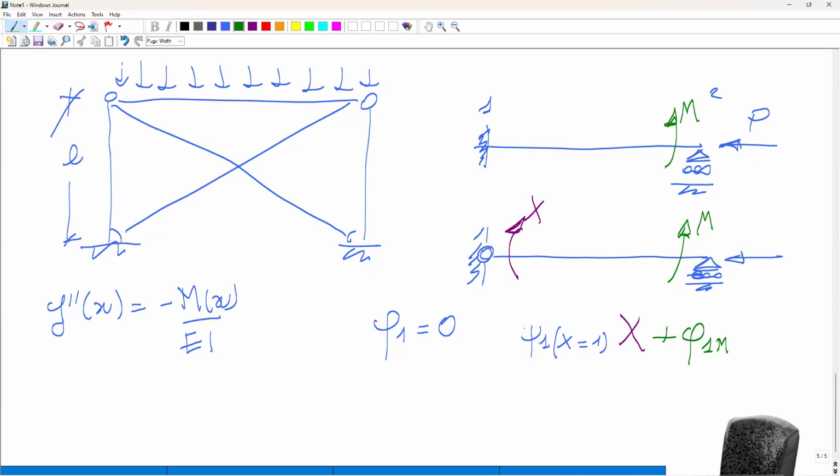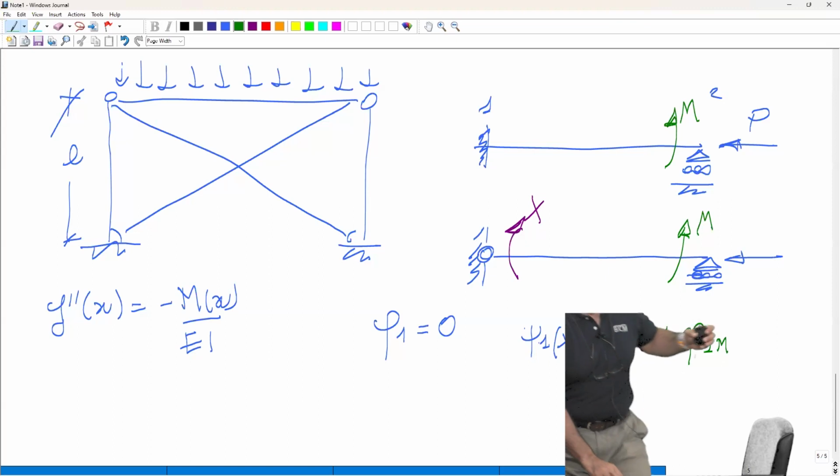And the part due to the unknown moment x, I don't know how much x is. So I can say that the rotation is x times the rotation that I would have there if that moment were equal to 1, because 1 is the unit. So this is superposition of effects, because you separately consider x and M. This is proportionality.